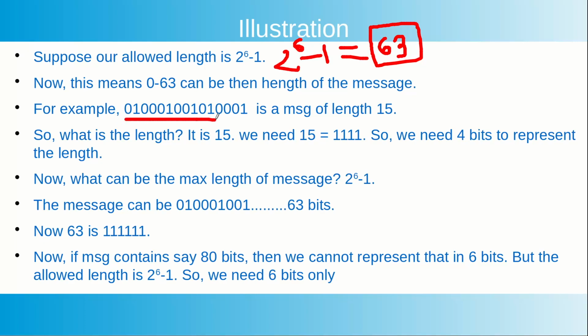For example, this is a text, and it is valid because its length is less than 63. Now how many bits are there? 1, 2, 3, 4, if you count in that way you will get 15. So the length of the text is 15. My question is, how many bits are required to represent this 15, not this text. The text requires 15 bits, but to write down 15, how many bits are required? I need only 4 bits to represent this 15.